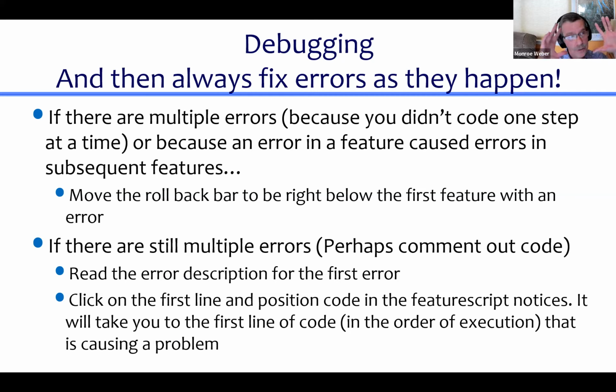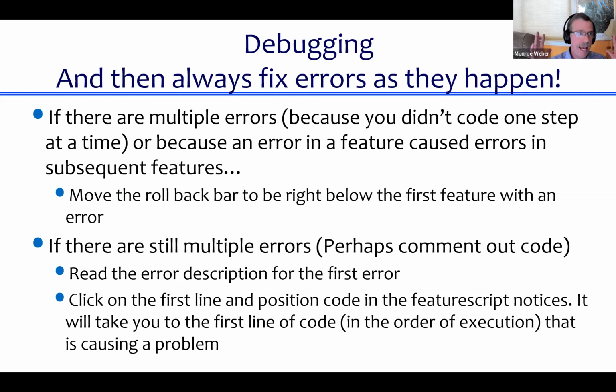And then if there are still multiple errors, you go into your FeatureScript code and you can do kind of the same thing. You don't have a roll bar that you can move back in FeatureScript, but you can comment out sections of code so that you're just looking at the code that's actually causing the problem. And by the way, you can select a whole swath of code and press Control-slash and it will comment everything out.